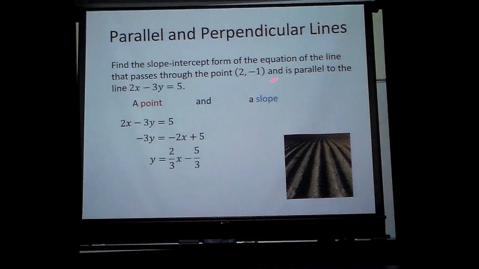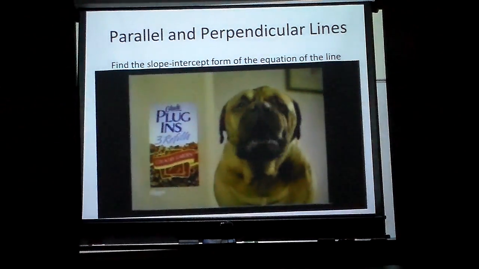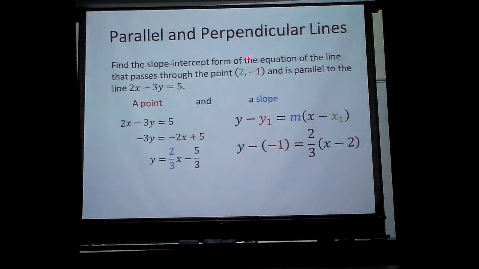So I have a point and I have a slope, so I can plug them in. I'm going to put the y1 here, the m from that slope right there, and the x1 from that point right there.